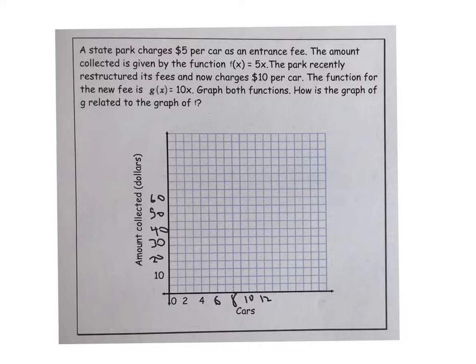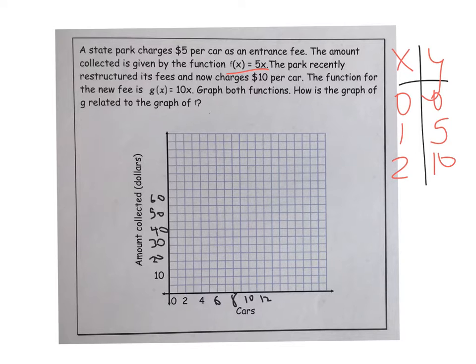So I'm just going to again do this with the values here. I'm going to graph this one in red. So x and y, when x is 0, y is 0. When x is 1, y is 5. When x is 2, y is 10, and so on. I'm going to make this easier.